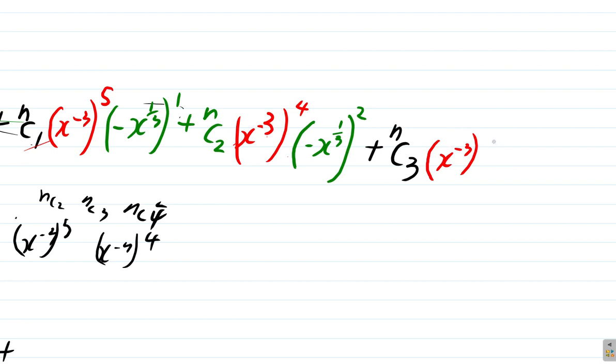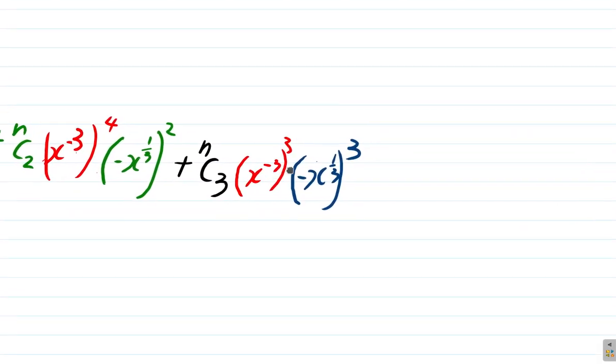You're dropping the powers, so it goes down to the power of 3. And then you have negative x to the 1/3. What's the new power now? You went up from 1 to 2 to 3. Alright?